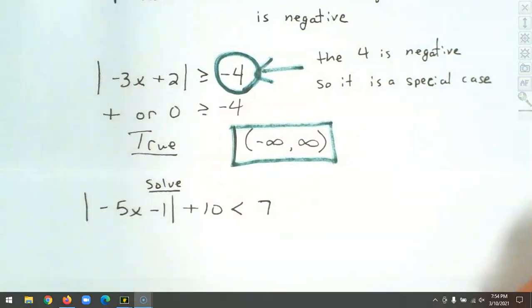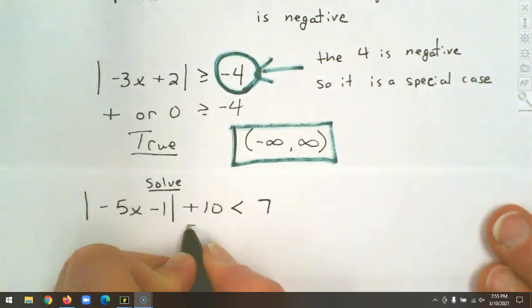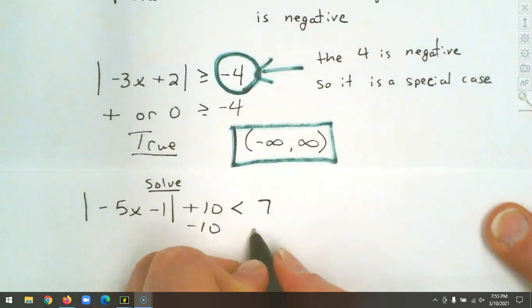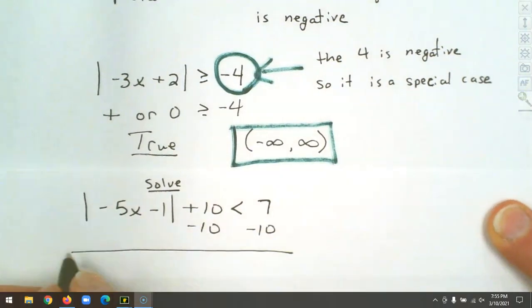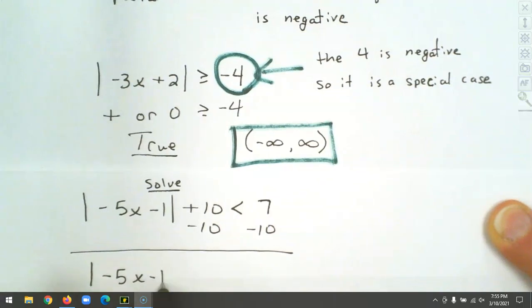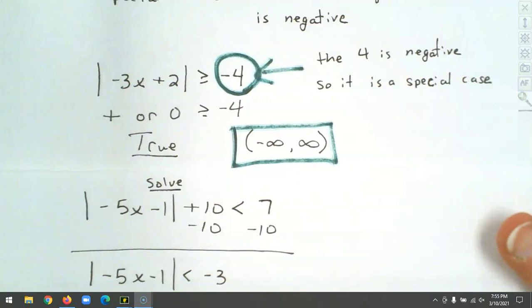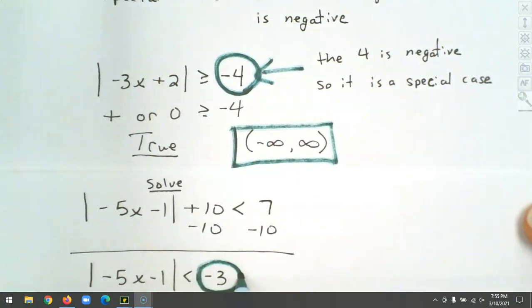But it is going to be a special case because before we do anything else, what must we do? We must make sure that the absolute value is by itself on the left. So we're going to move that 10 over. That's the first thing that we do. And then when we move that 10 over, now it becomes a special case. Because 7 minus 10 makes it that -3, and that makes it then a special case.